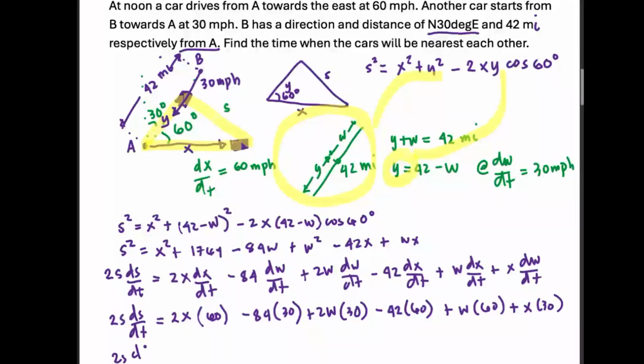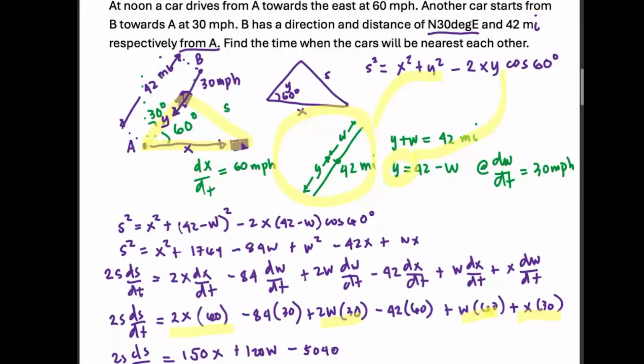So simplify muna natin. 120x plus 30x is 150x. 60w plus 60w, and then negative 84 times 30 plus negative 42 times 60. Okay? So simplify na natin ang equation.